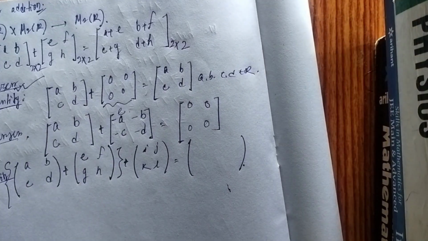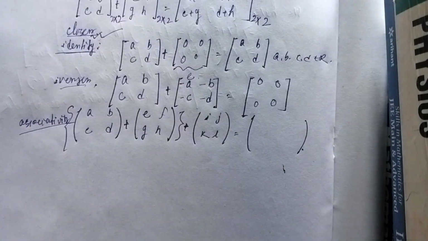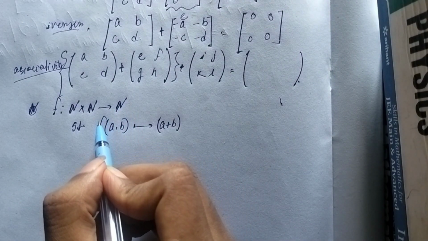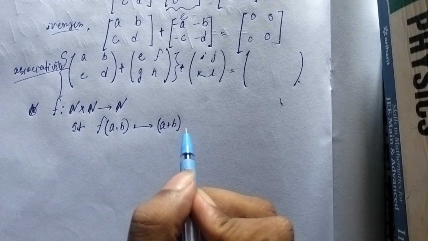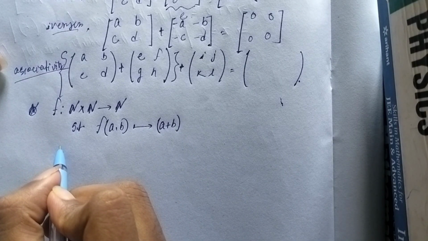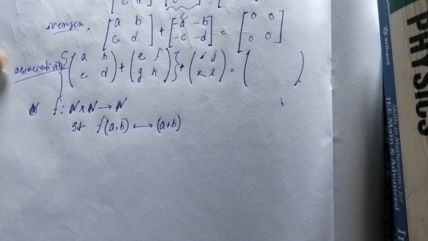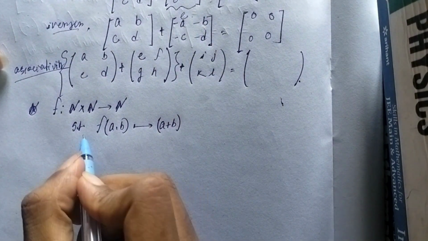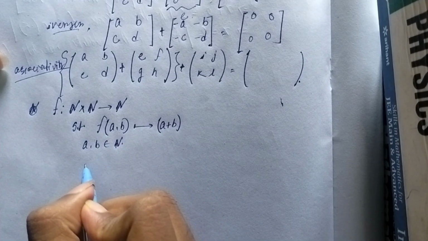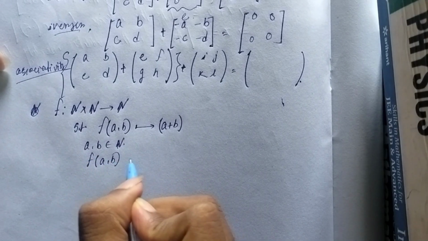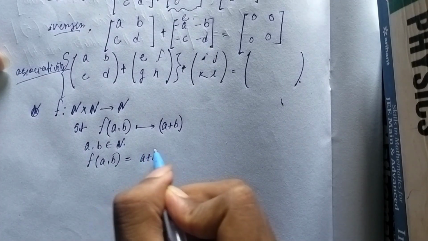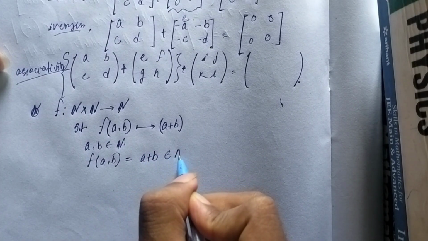Now taking another example: the set of natural numbers under simple addition. For this case, we know that under addition, if we take any two numbers, let's say A and B from the natural numbers, we get A plus B. As A and B are both natural numbers, A plus B also belongs to the natural numbers.